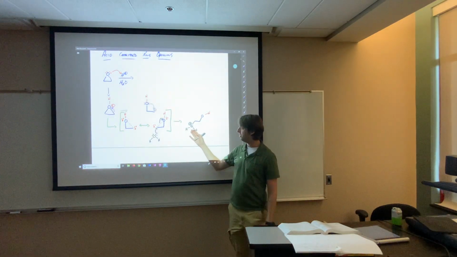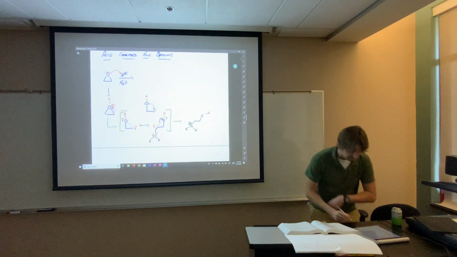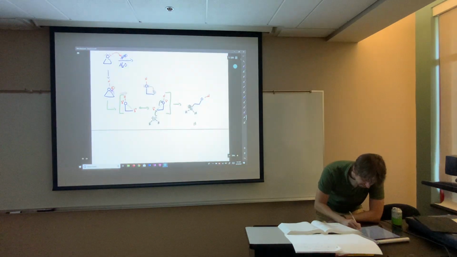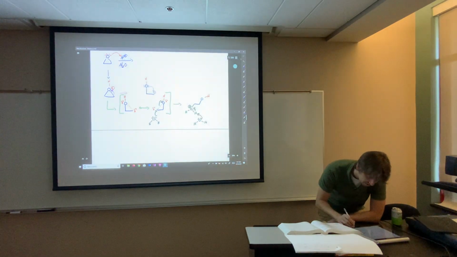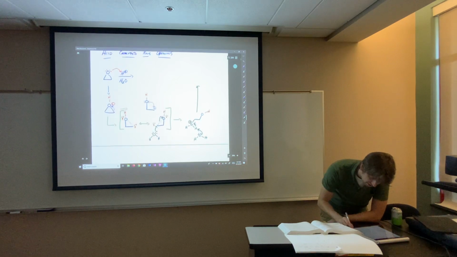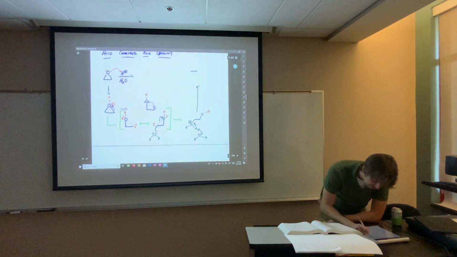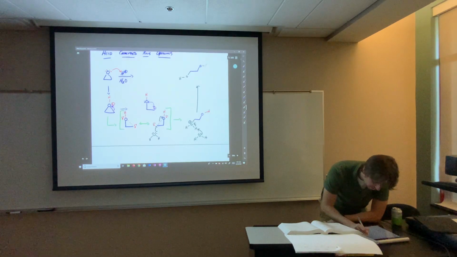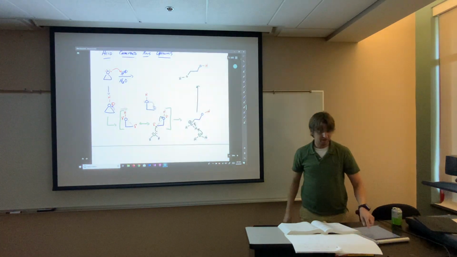So more water comes in and finishes cleaning this up. Let's just scroll up here to give myself some space to write. More water comes in and we finish things up. All right, so what does our final product look like? This in blue, I had this in black, and this was going in red here, okay? Fantastic.